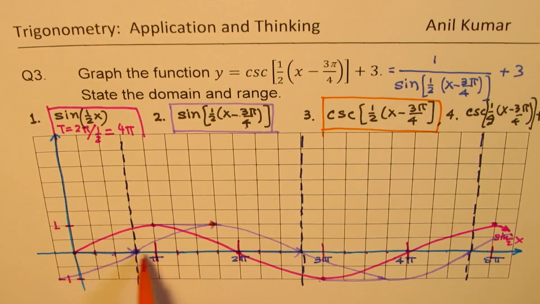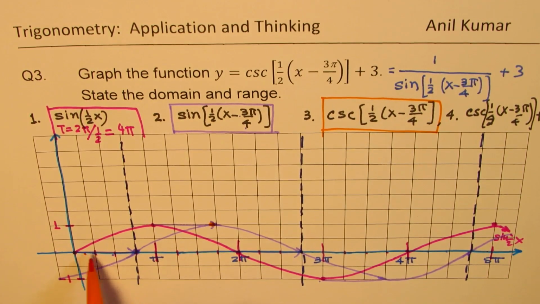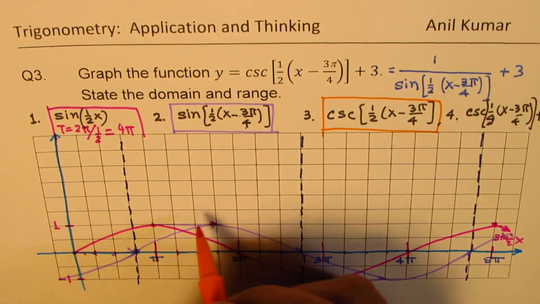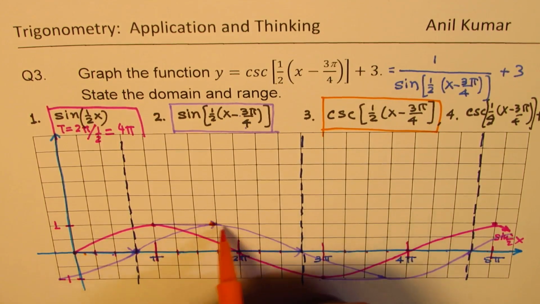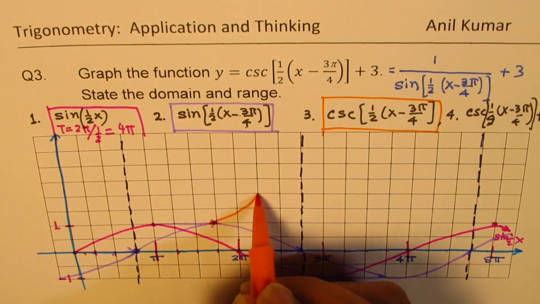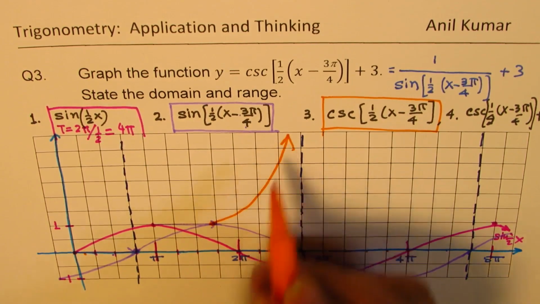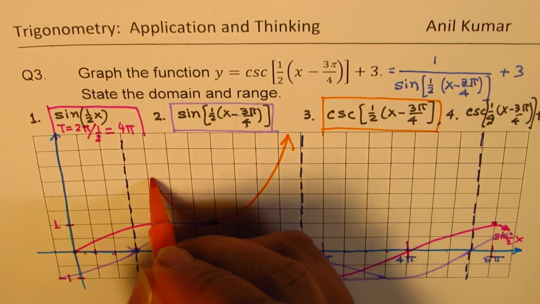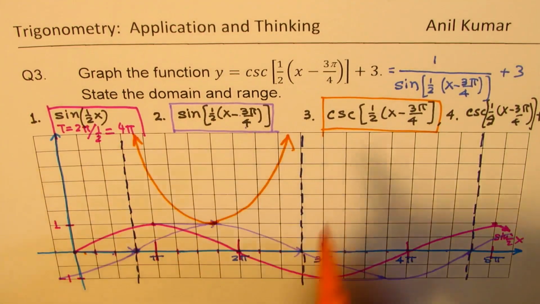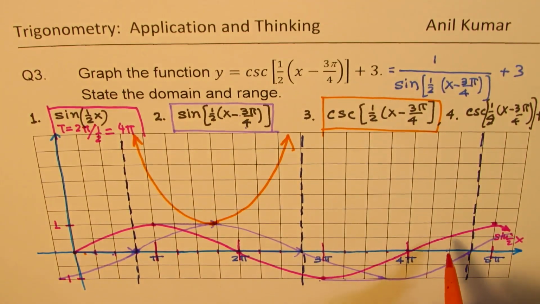So pi by 6 kind of here will be half. So we'll go approximately, from here we can go like this. So that is the cosecant function, correct?